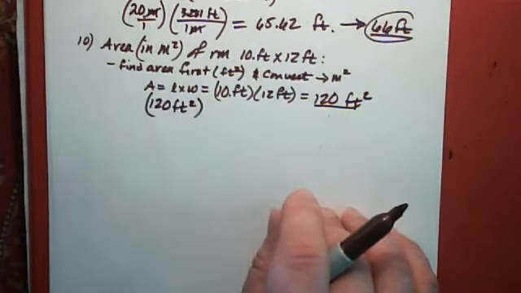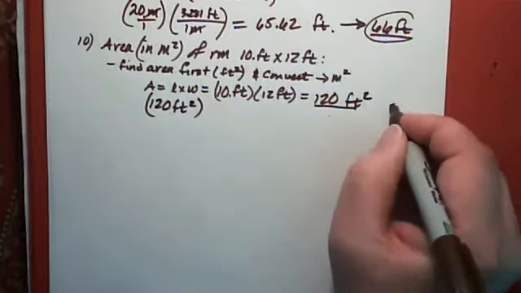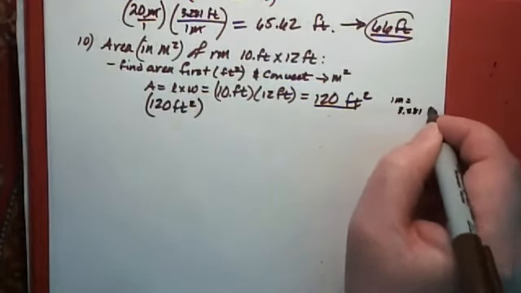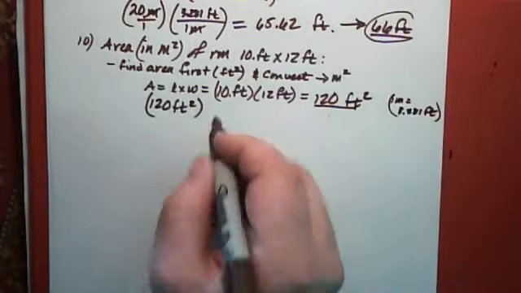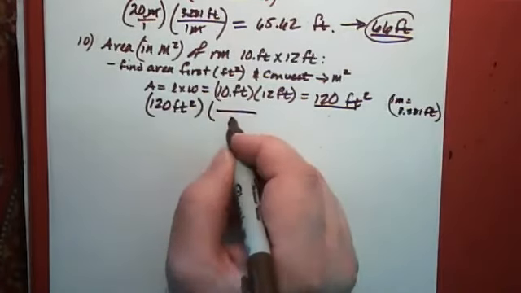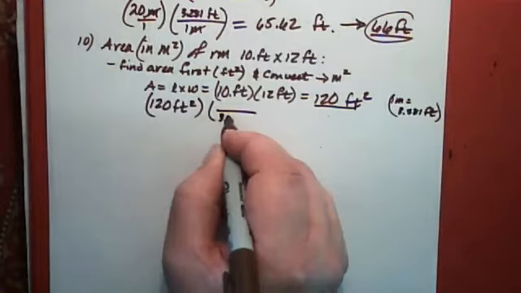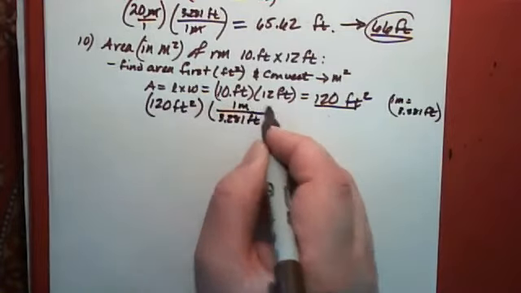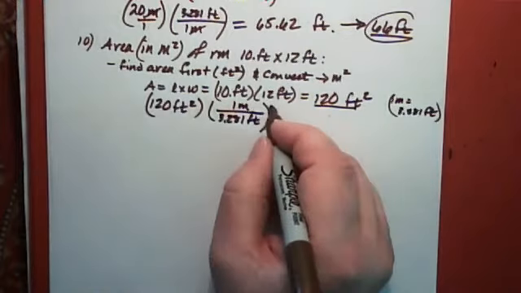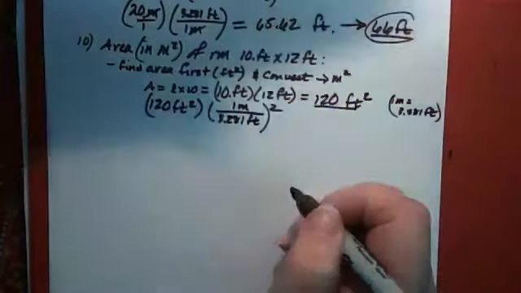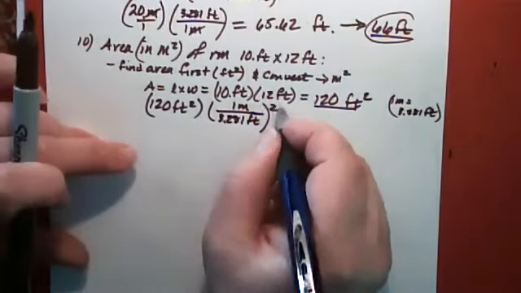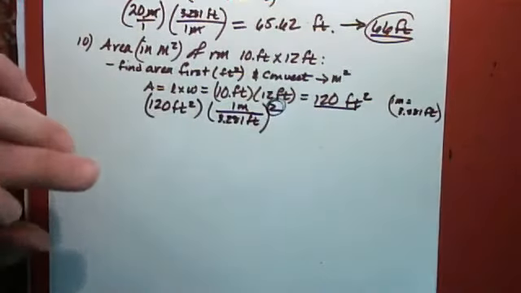About halfway down under length, 1 meter is equal to 3.281 feet. Okay, feet would have to be on the bottom, so it's 3.281 feet for 1 meter. And then you square it. Okay, just to be sure we don't forget, I'm going to circle that too.